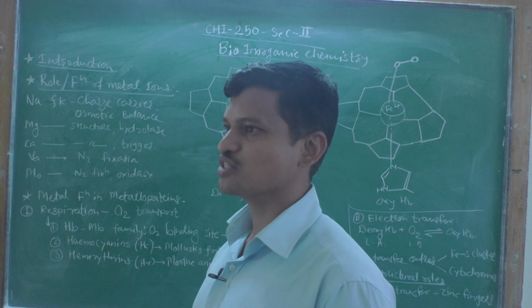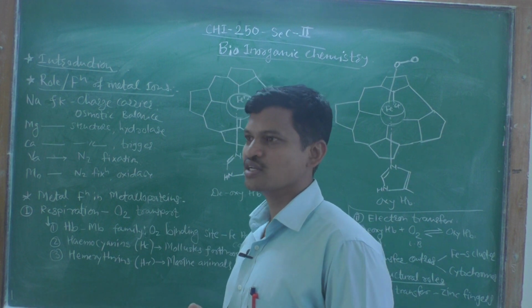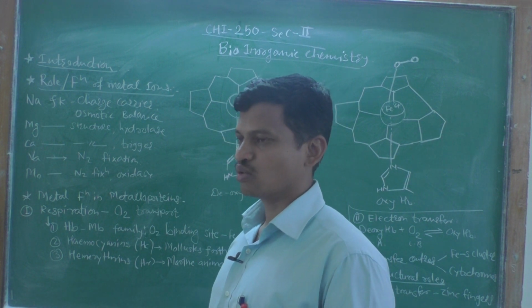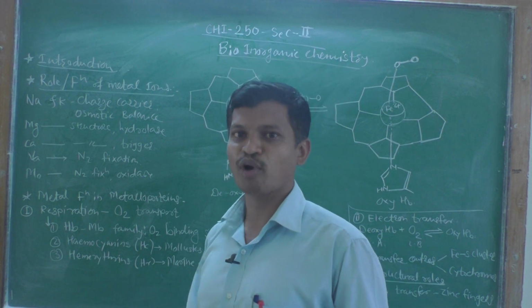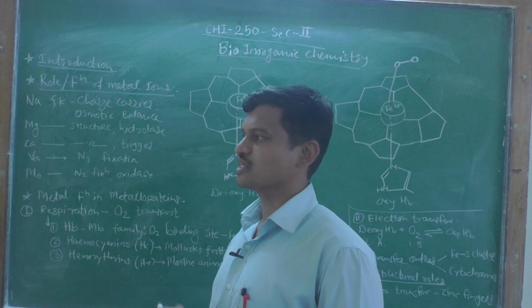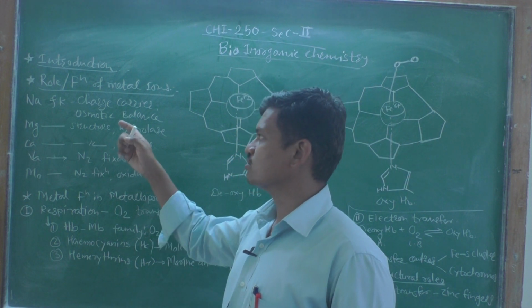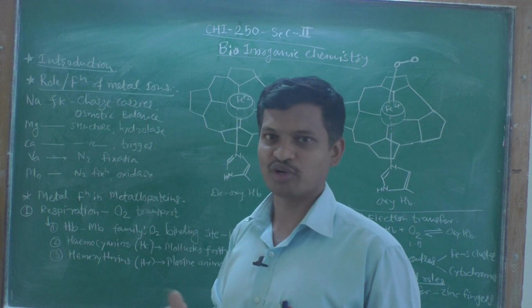Osmotic balance is very important in our life processes. So the balancing of sodium and potassium ions in the body or in the body fluids is very important, and that is controlled by the sodium and potassium ions.